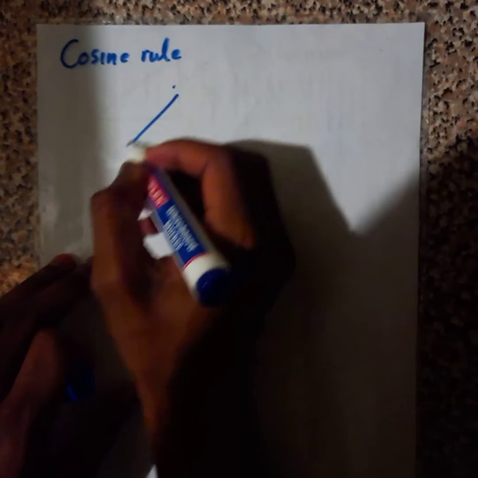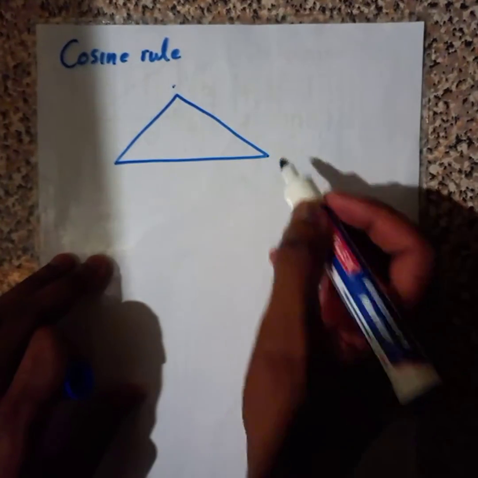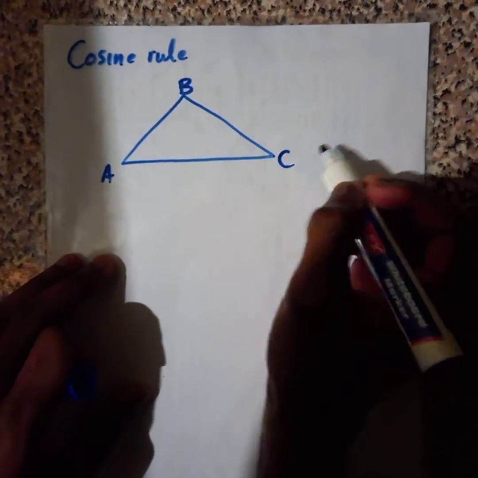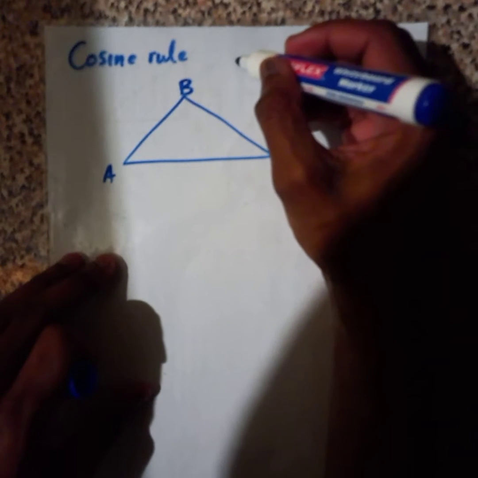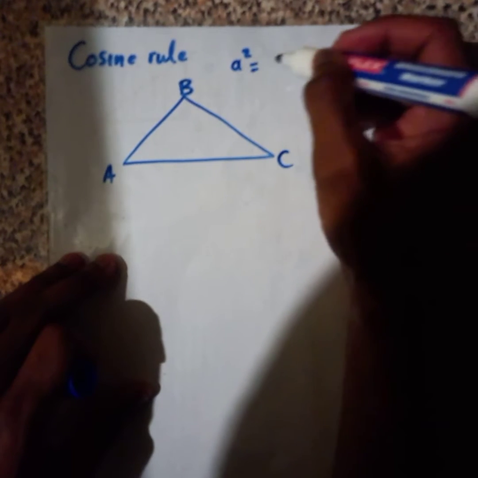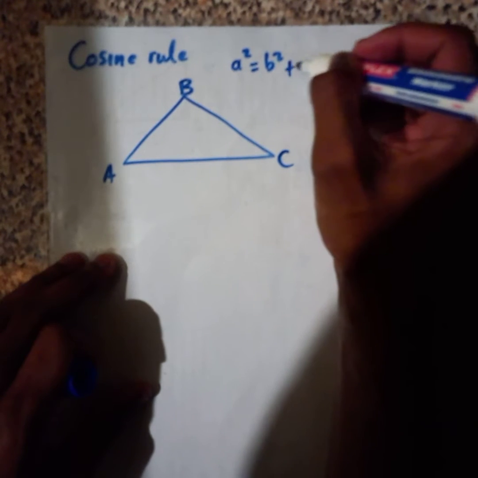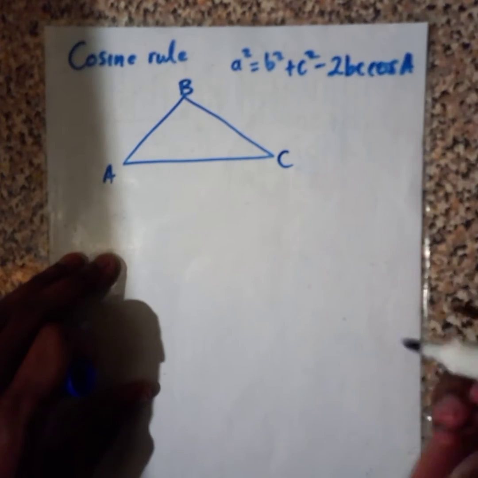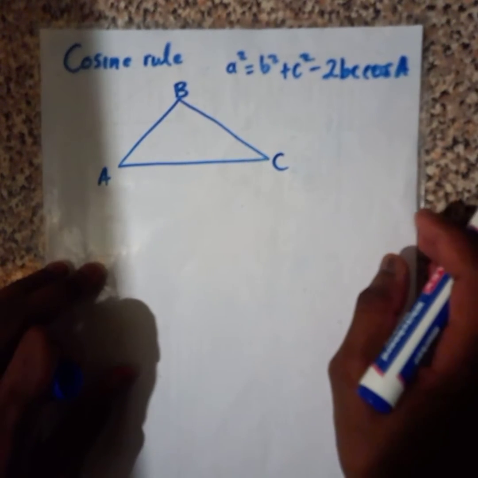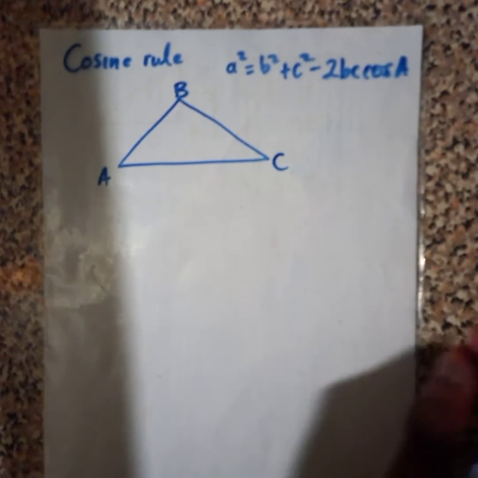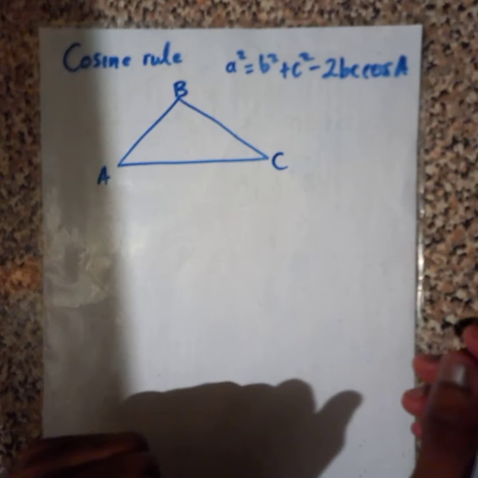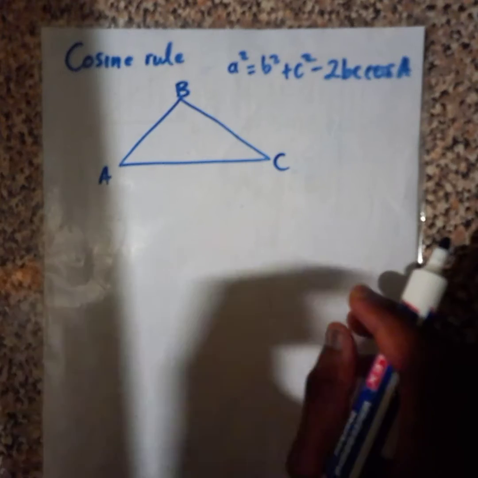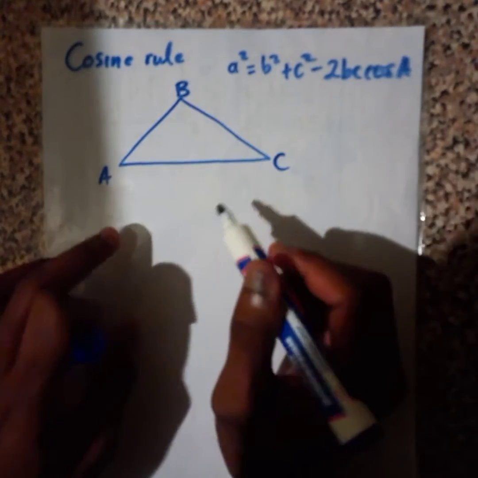Suppose I have a triangle like this, let's say this is my triangle with A, B, and C. I need to prove that a squared is equal to b squared plus c squared minus 2bc cos A. How do we prove that formula? So simple.